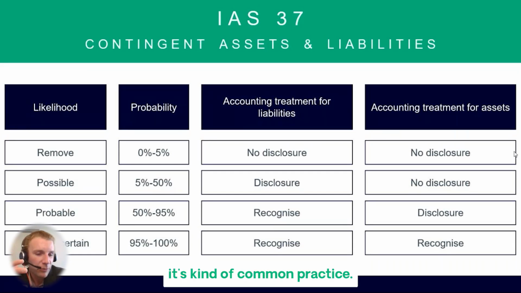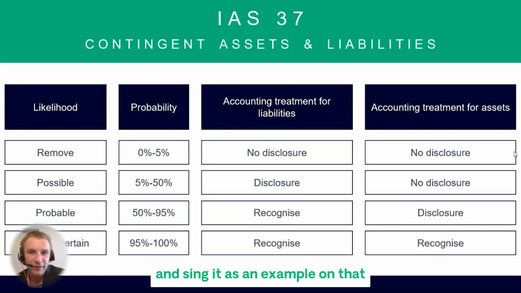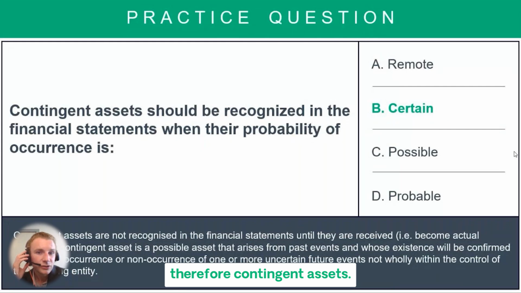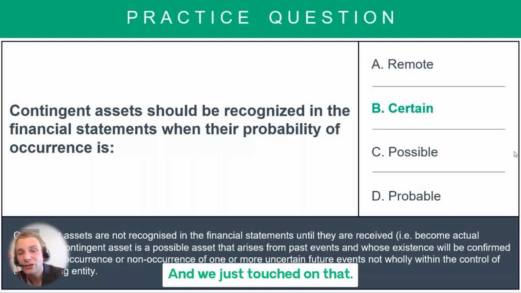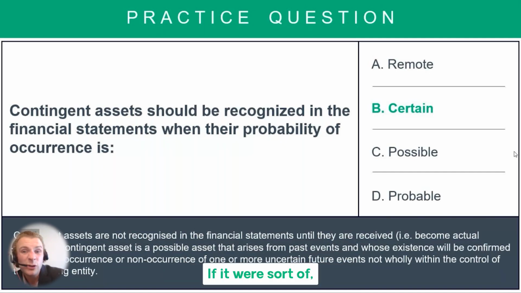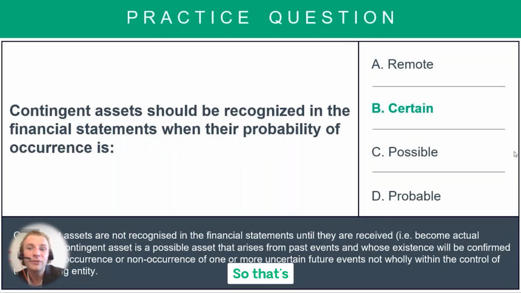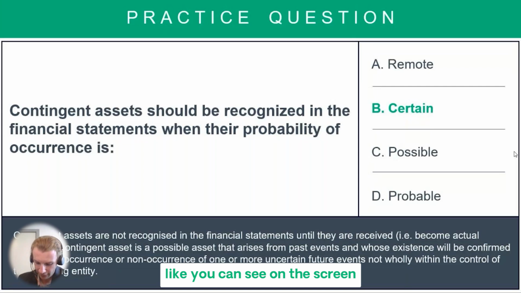But again, it's going to come with practice, more questions for you to go through and seeing examples. Contingent assets should be recognized in the financial statements when the probability of occurrence is, as we just touched on, that if it was probable, but in terms of being recognized, it actually has to be certain as a result. So that's where you have to differentiate, and you could be given 4 different options like you can see on the screen.